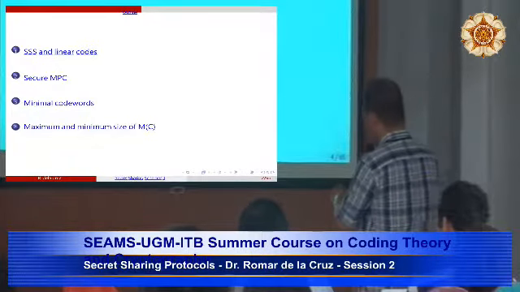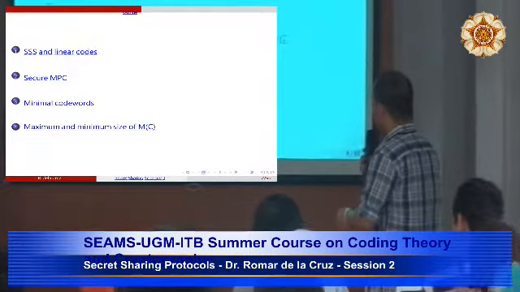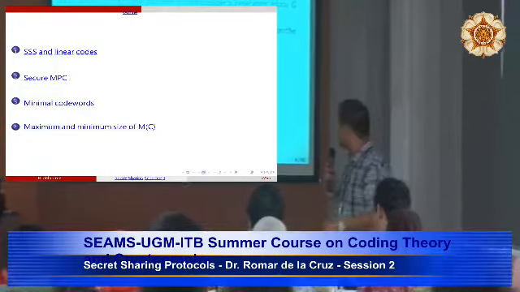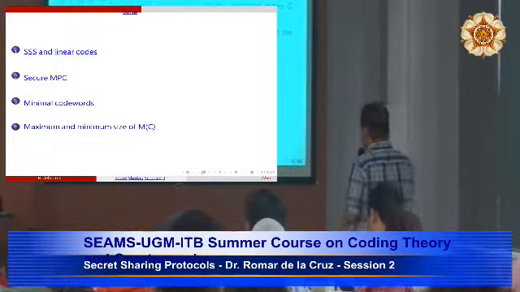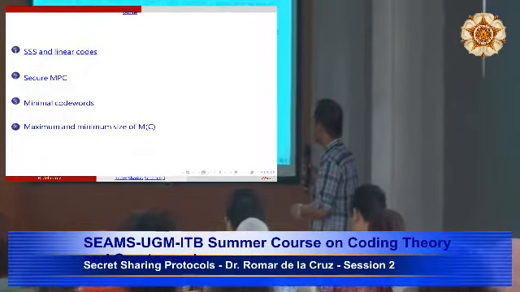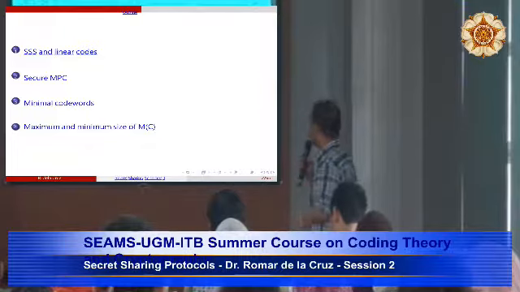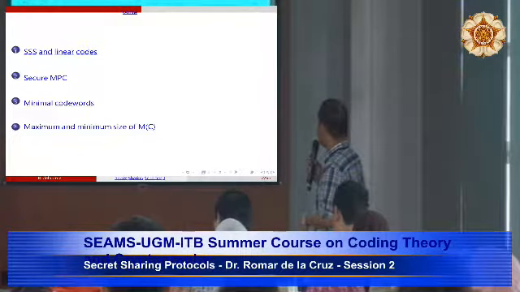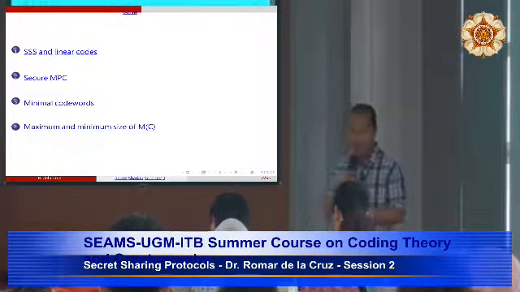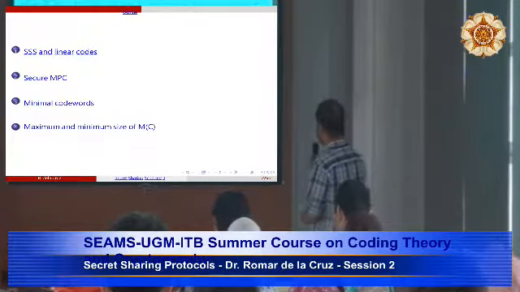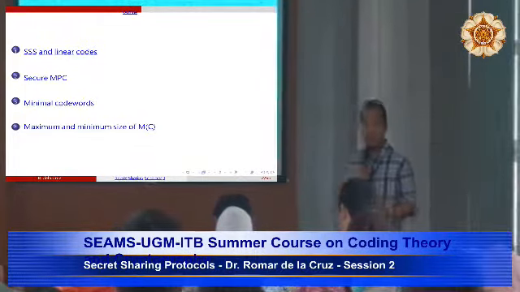This was proposed by McEliece and Sarwate. So the idea is you take, let C be an (n,k) linear code over F_q, and then take a generator matrix of C. And then let's say the secret is s, an element of F_q.